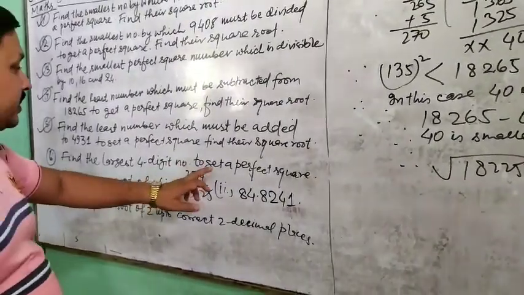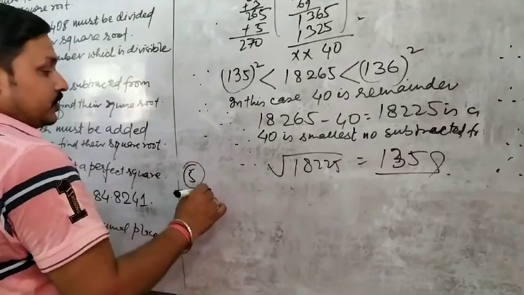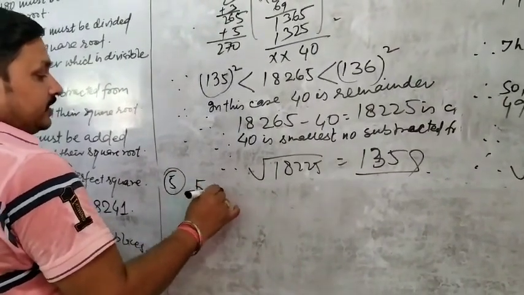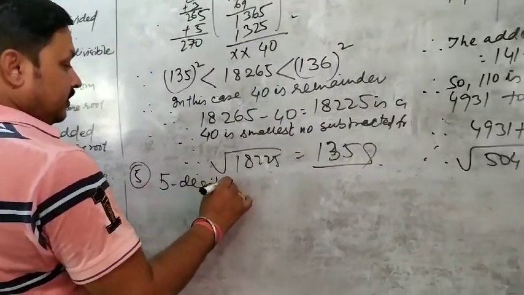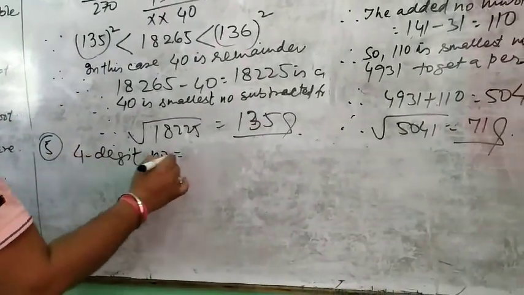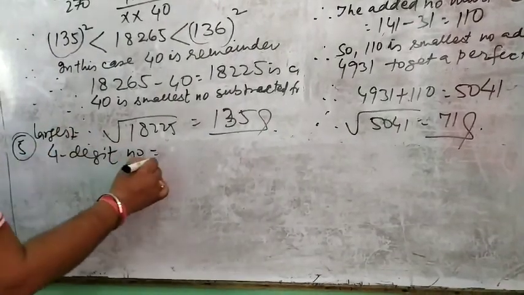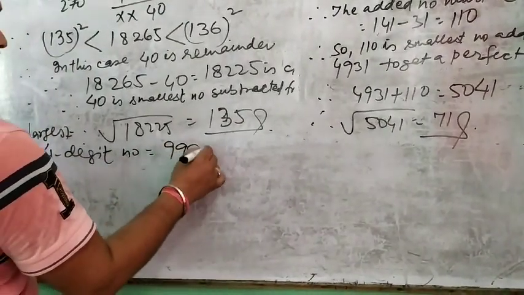Question number 5: find the largest 4-digit number which is a perfect square. The largest 4-digit number is 9999.